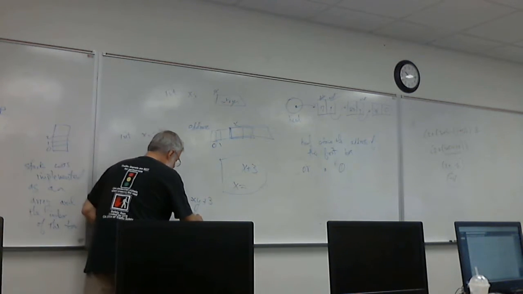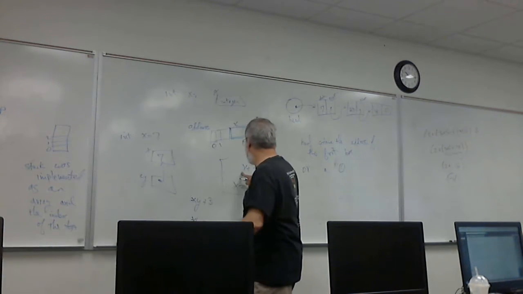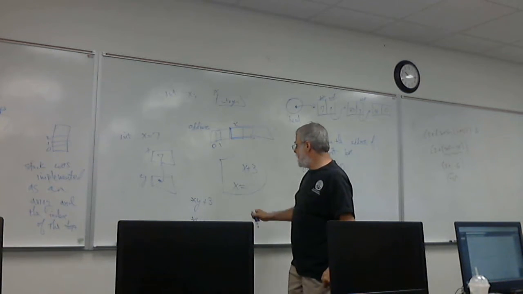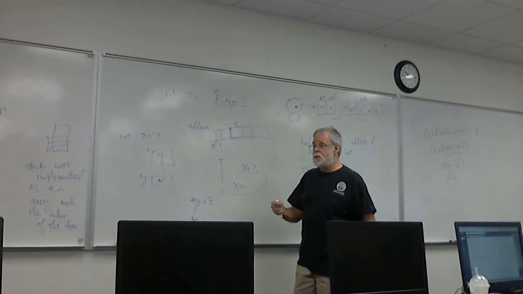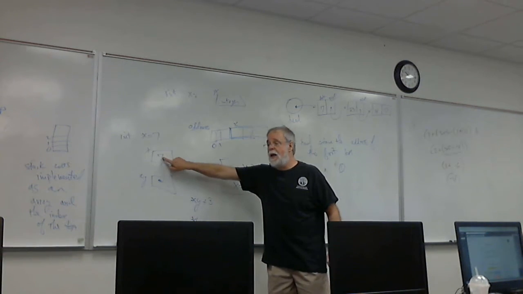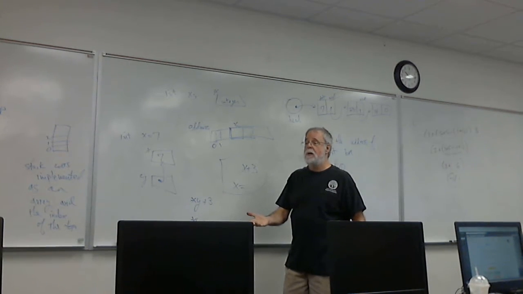And it works both ways. Just like we can say x plus 3, we can say asterisk y plus 3. And just like we say x equals, I can say asterisk y equals. And what's that changing? It's not changing y, it's changing x. So it's an alternate way of talking about x.